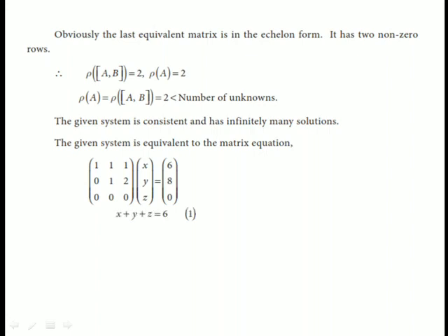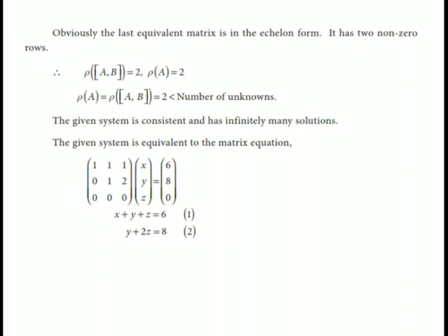x + y + z = 6, y + 2z = 8. Using the second equation, y = 8 - 2z. In the first equation, x = 6 - y - z = 6 - (8 - 2z) - z, so the answer is x = z - 2.